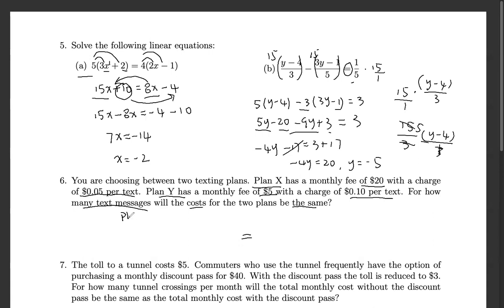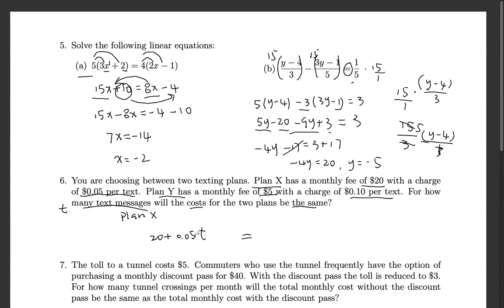Well, let's figure out the cost of plan X. Let's see for how many text messages, for T many. You can use any variable, you can use X, you can use Y, right? So this T represents how many text messages will be sent for the two plans to cost the same. So plan X, we have $20 plus 0.05 times T, right?